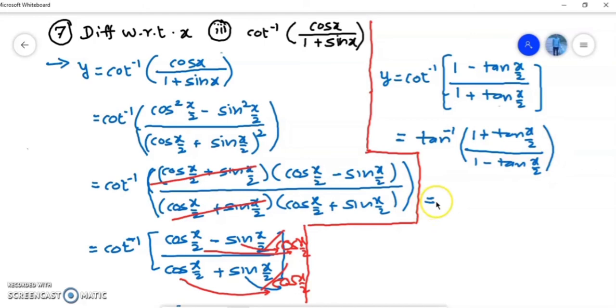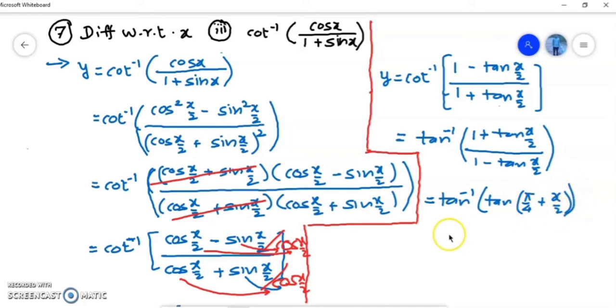So this gives tan inverse of, now this is a known formula, 1 plus tan x by 2 upon 1 minus tan x by 2 is tan pi by 4 plus x by 2.